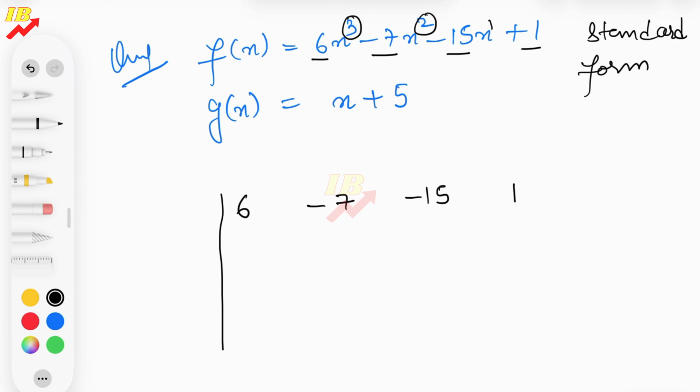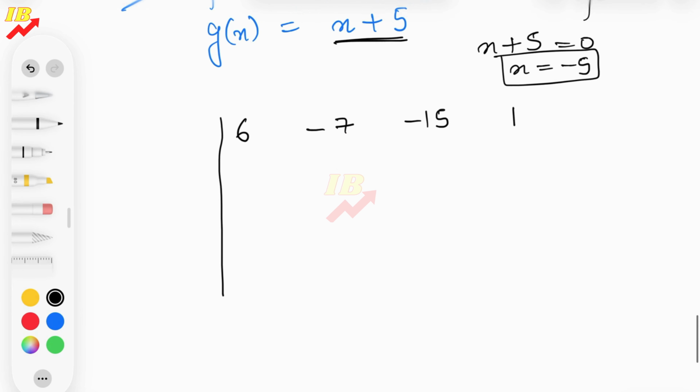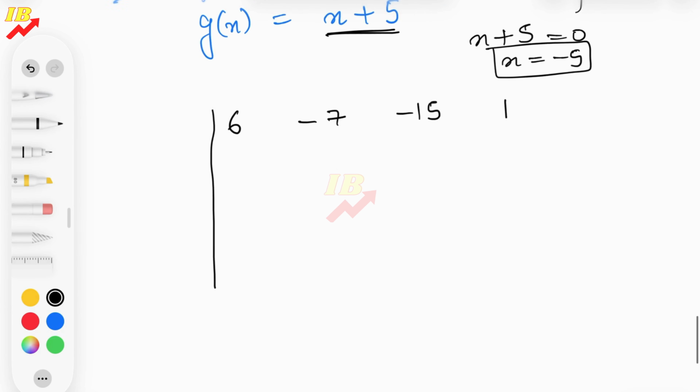Now put a line like this, okay, and we have this x plus 5, right? You take the opposite sign of it. I mean to say, you take x plus 5 equals 0, or x will directly come out to be negative 5. So that means you're going to take the x value negative 5 here, negative 5, right?